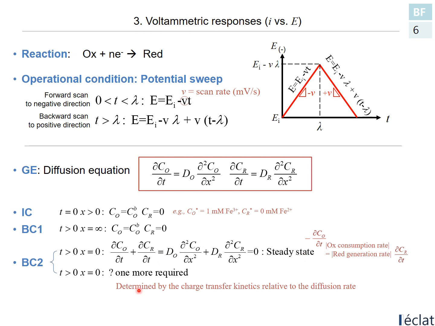And then one more boundary condition is required at the interface between electrode and electrolyte. This last boundary condition we need would be determined by the charge transfer kinetics relative to the diffusion rate.